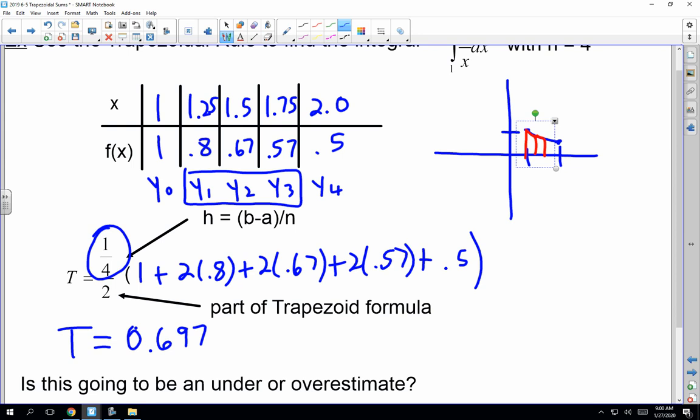Okay, it's about 0.697 to the nearest thousandth. Under or overestimate, based on the concavity of this thing? It's going to be a slight overestimate. But that's the trapezoidal rule.